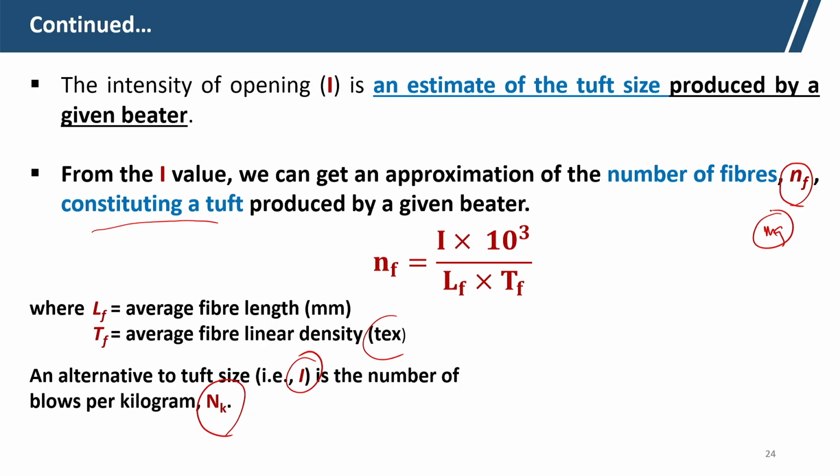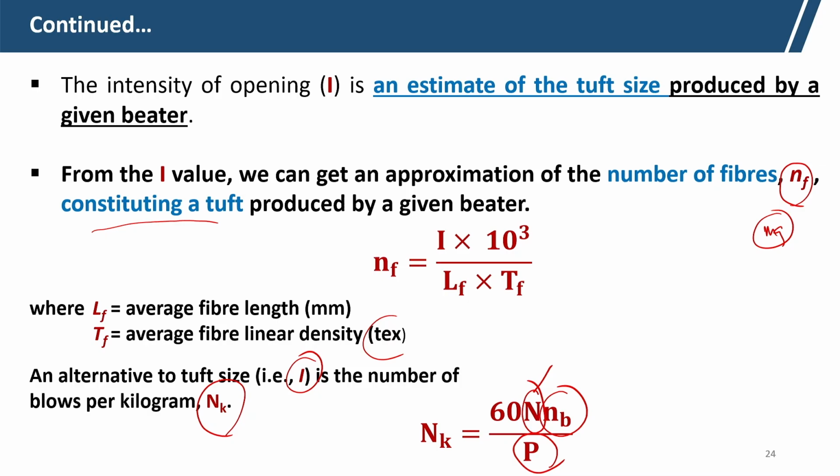Now, here it is the number of blows per kilogram, Nk. We can get Nk by 60 times Nb times N divided by P, where Nb is the RPM of the beater, N is the number of spikes and P is the production. So, we can use production in kg per hour.